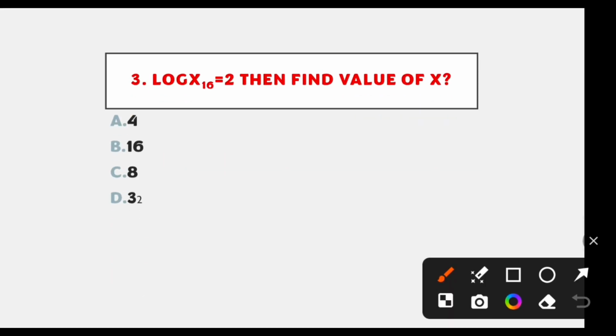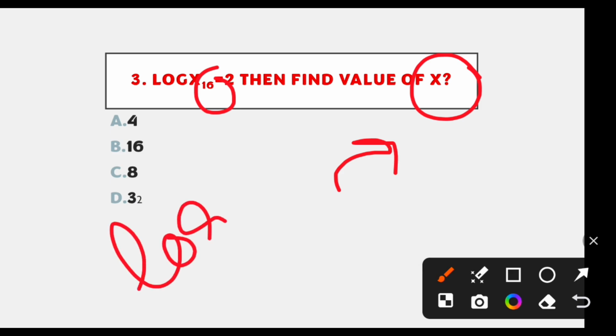MCQ number 3 is log x 16 is equal to 2, then find the value of x. We are given that log x 16 is equal to 2 and we have to find the value of x. So for the solution of this question, we have to shift it toward the left side, okay? So it will be x squared is equal to 16.